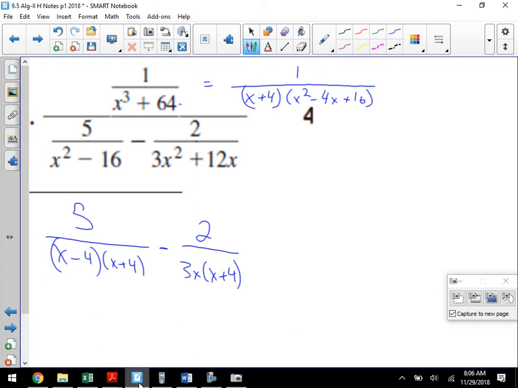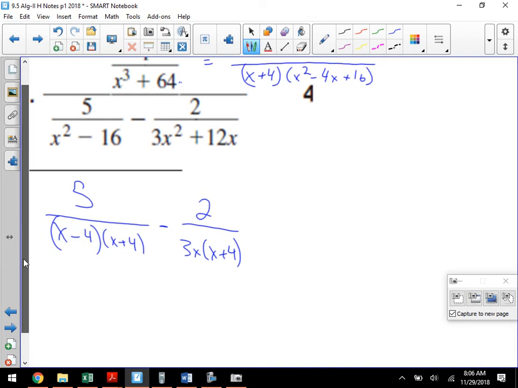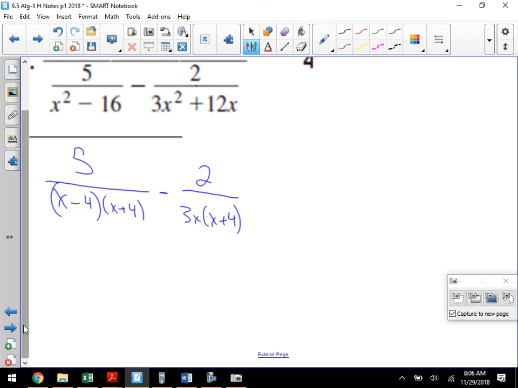All right. So now, between those two denominators, the 5 and the 2, these guys have in common the x plus 4. Those two parts. And then what's left? 3x and the x minus 4.